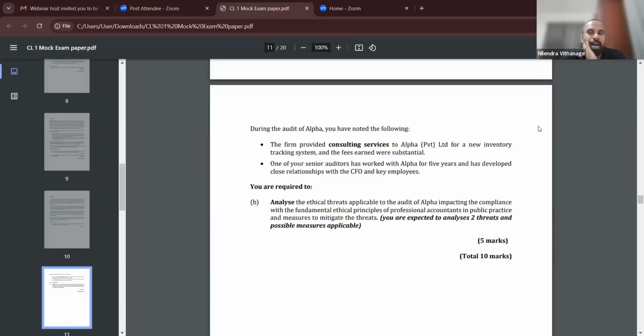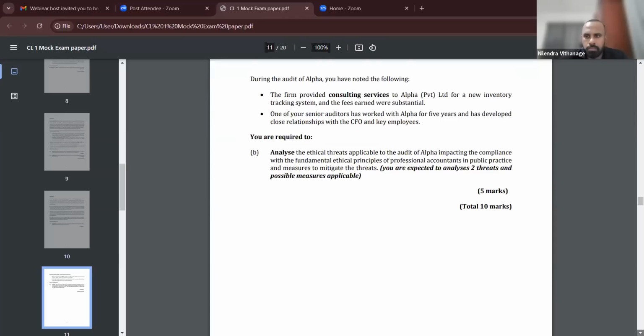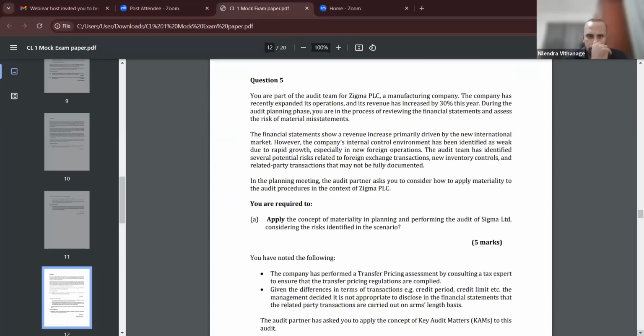Next line, write down, students, safeguards. Safeguard number 1, performing an independent quality review.